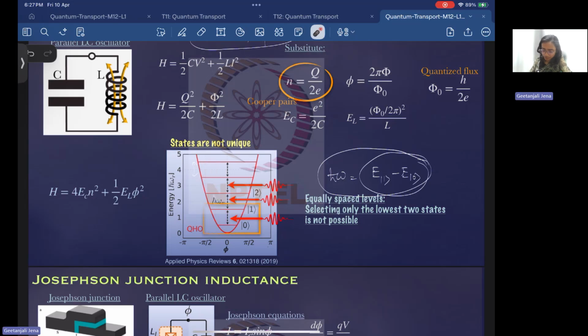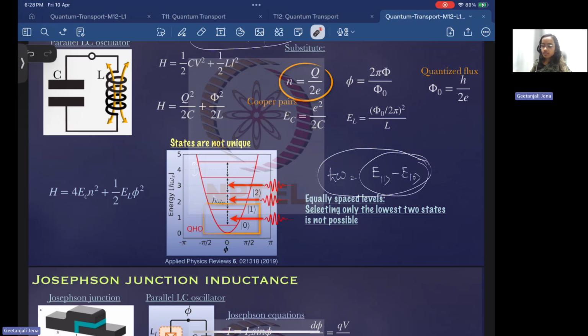So that means if we incident a radiation of energy h bar omega, not only this transition happens, it's also possible to see this transition, also this transition, because we are providing an energy which is equal to all these values. So it's not like only the 0 and 1 states will be excited; it's possible to see all combinations of excitation when you use a radiation of energy h bar omega.